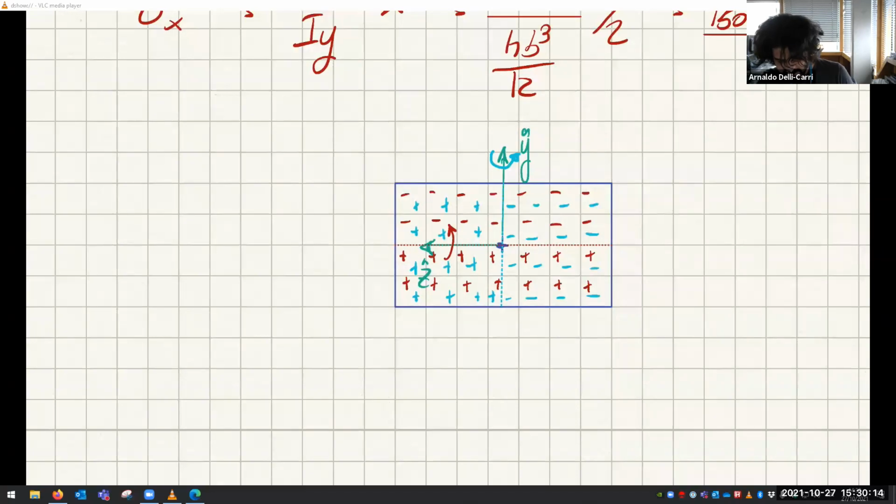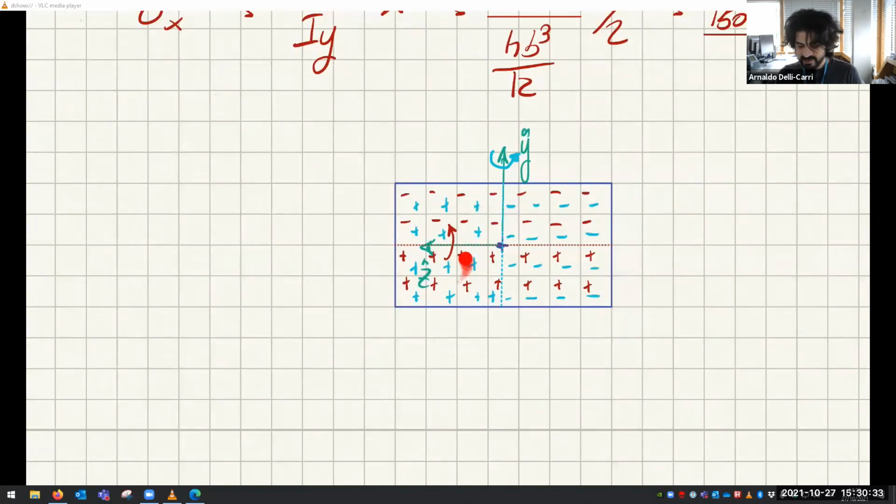So as you can see, these ones compensate each other. If I apply the moments at the same time, these stresses, one is positive, one is negative, so they alleviate each other, they compensate each other here and here.